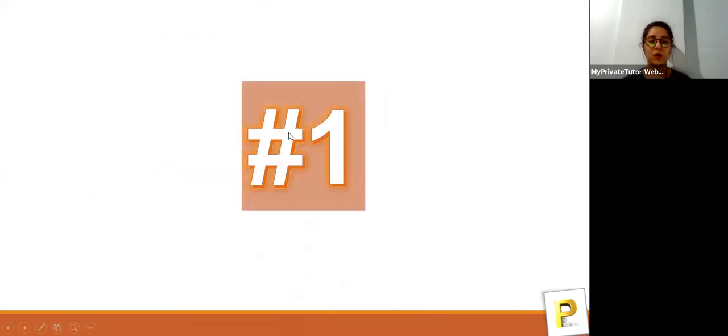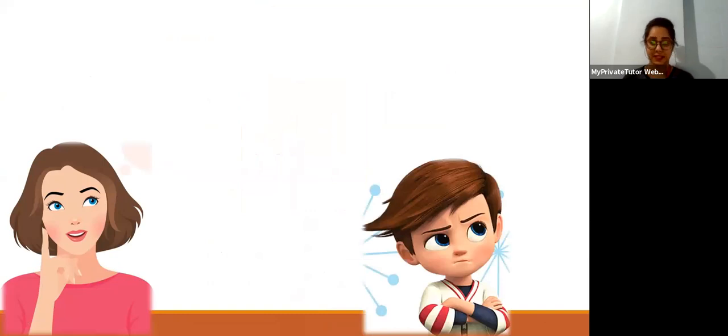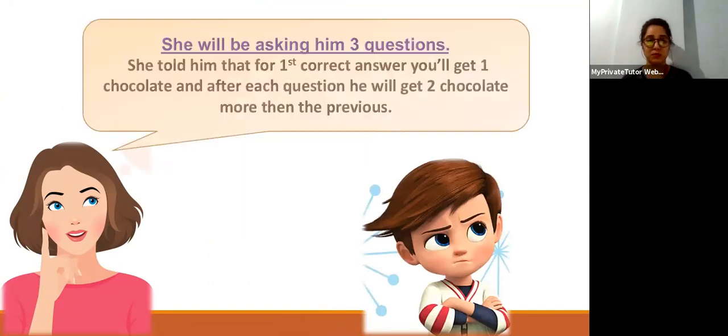Let's start with the first part of our session, which is all about what arithmetic progressions are. I'll give you an example. There was a teacher and a student. The teacher told the student that she'll be asking him three questions. For the first correct answer, he'll get one chocolate, and after each question, he will get two more than the previous.